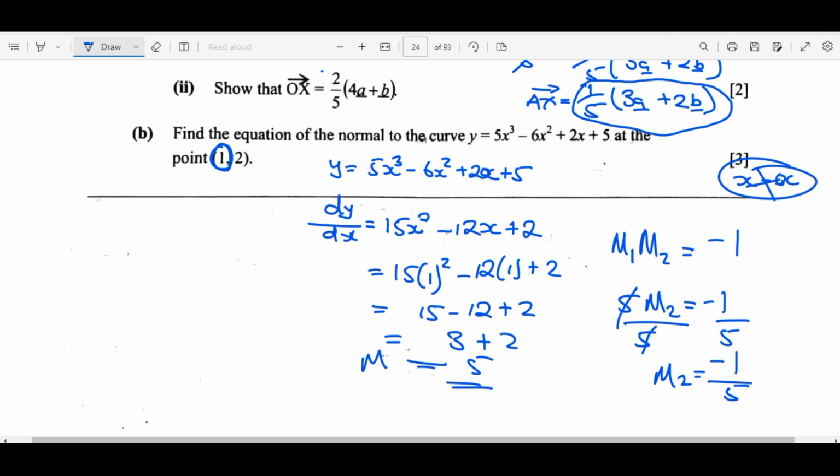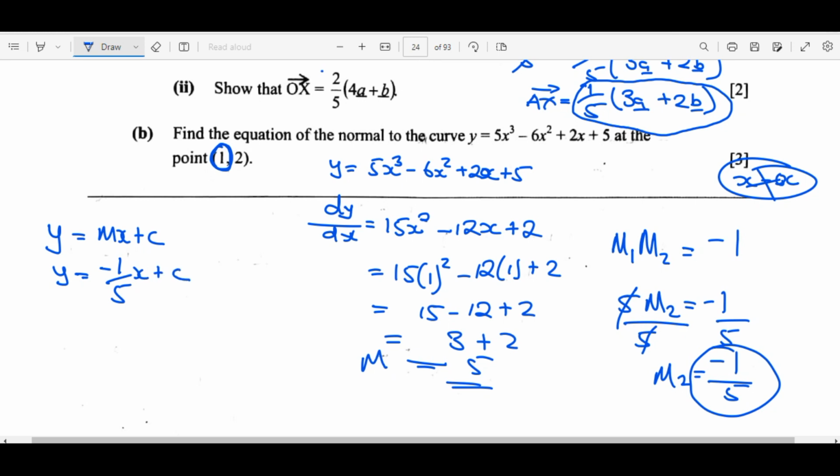So initially, because they've asked us to find the equation of the normal, we're going to say y is equal to mx plus c. So we can substitute to say y is equal to, and then m, the gradient, it is here, this is the gradient, which is negative 1 over 5 x plus c.